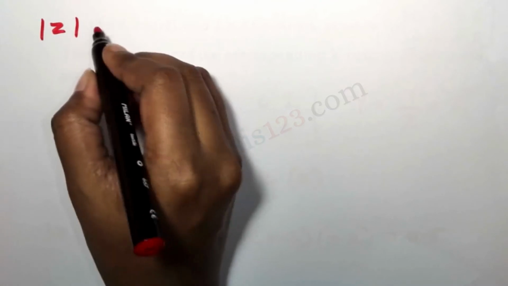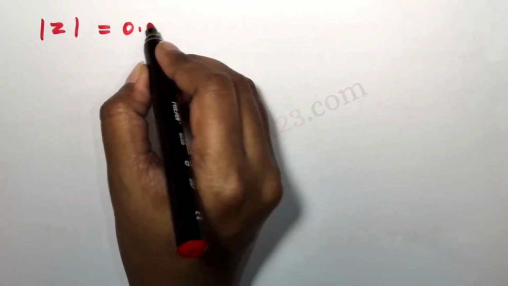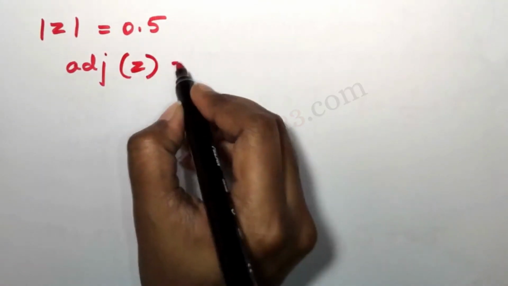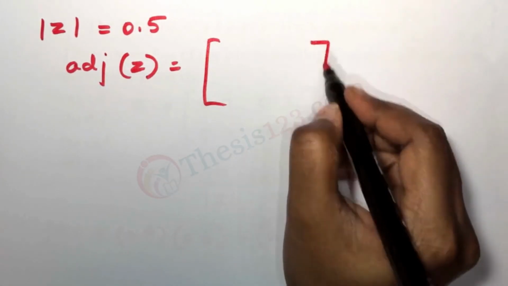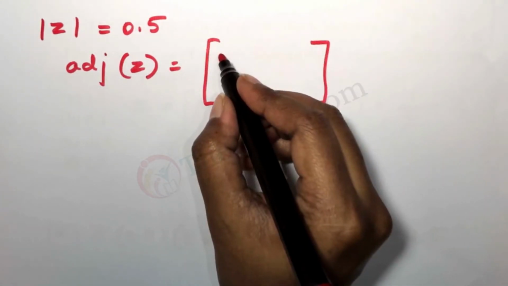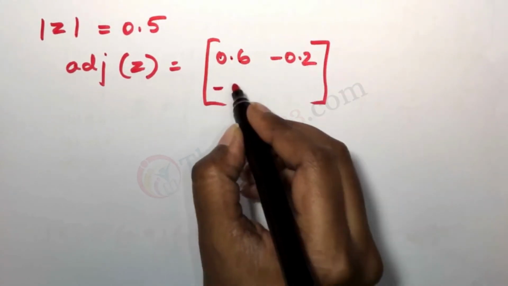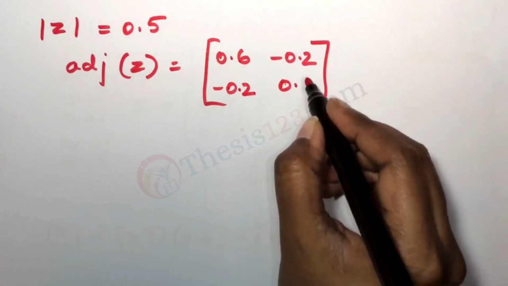Okay, so now we have determinant of Z is 0.5 and adjoint of Z can be written as 0.6, minus 0.2, minus 0.2 and 0.9.